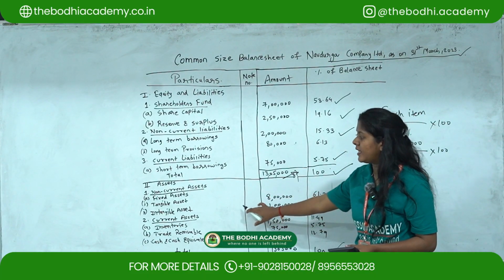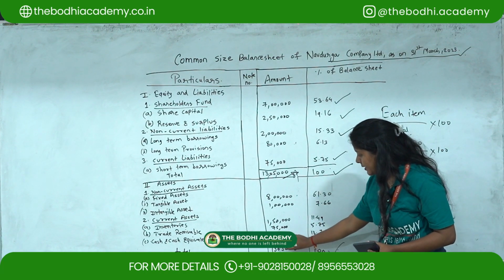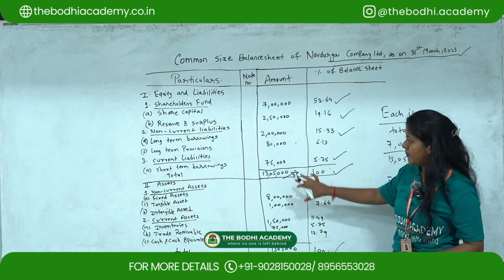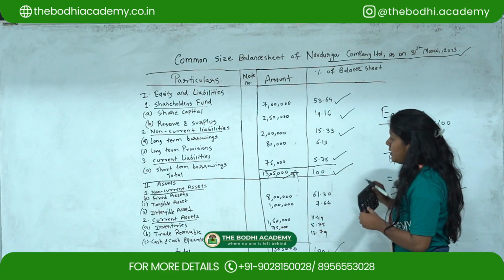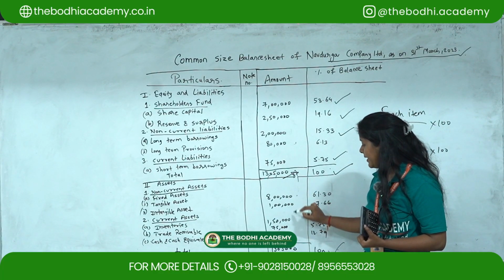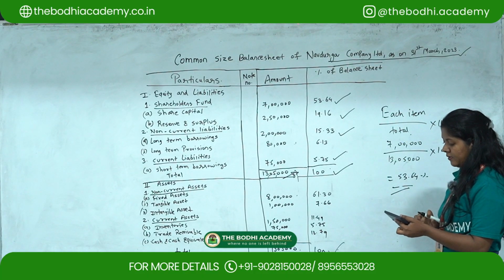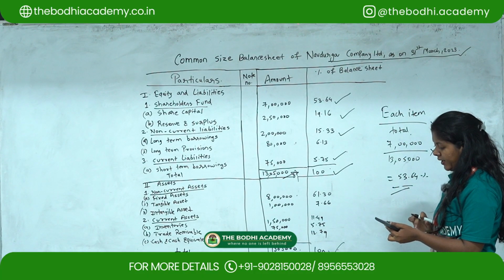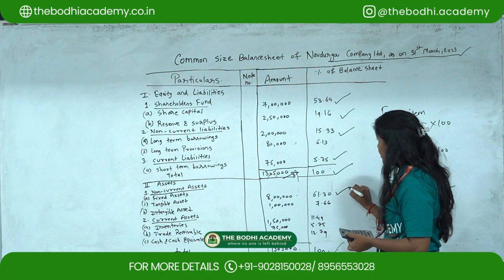Then if you see the asset part, it is the same, like 8 lakhs divided by the total 13 lakh 5,000. The total will be the same for your equity and liabilities and the asset part. So 8 lakh divided by 13 lakh 5,000 multiplied by 100, you'll get 61.30.